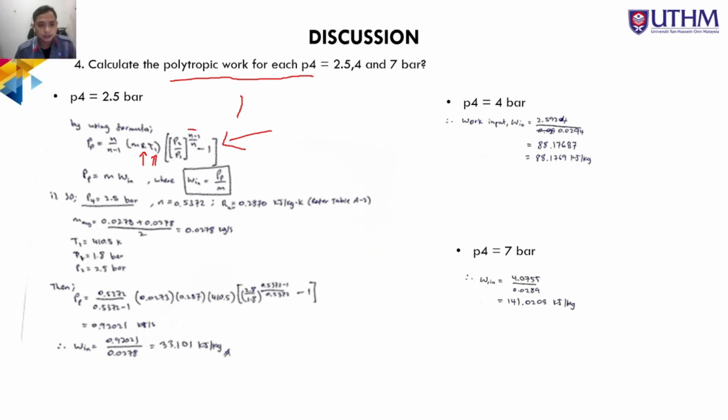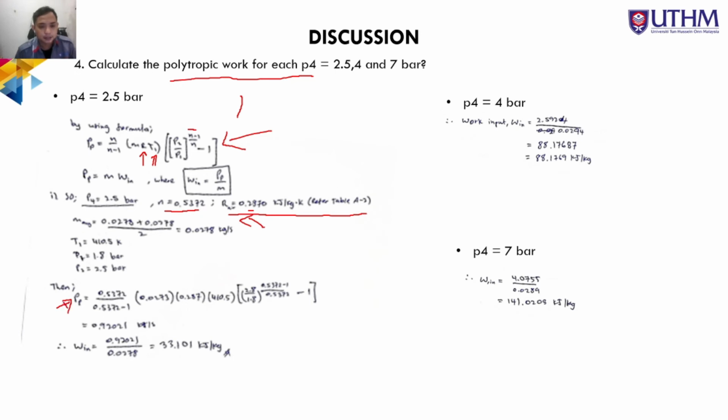For 2.5 bar, we already calculated the n value, and the ideal gas constant for air, referring to table A2, is 0.2870. Then substitute all the numbers into the formula to get the polytropic power.